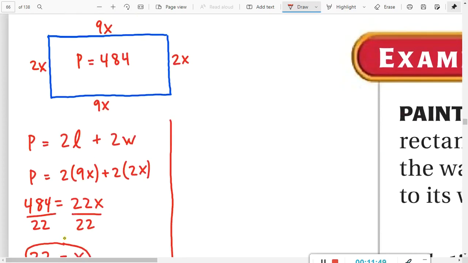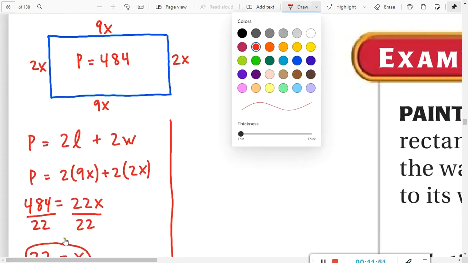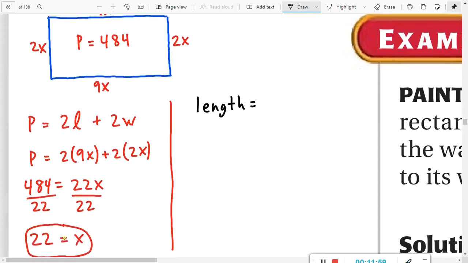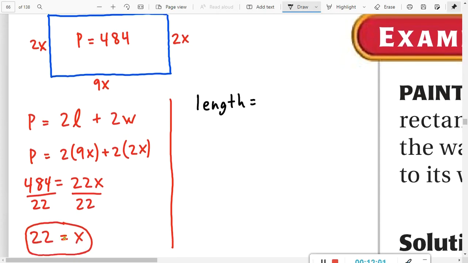So now, in a different color here, we have the length equal to 9x, but x is 22. So that's just 9 times 22, and that equals 198.